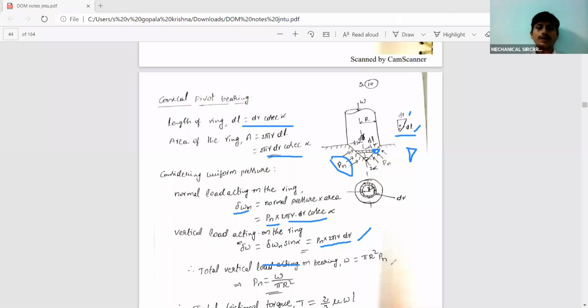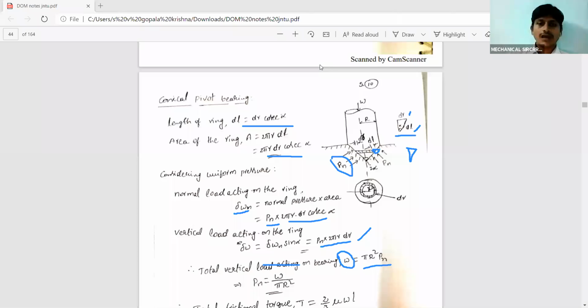Here we substitute the general formula, pressure into area, where the area depends on the shaft radius, pi r square, and the pressure is the normal pressure Pn. So Pn equals W by pi r square.